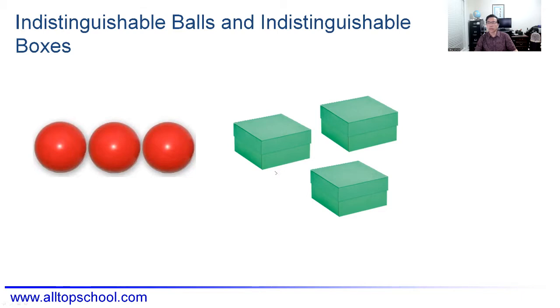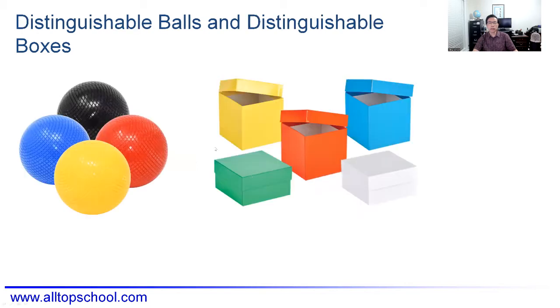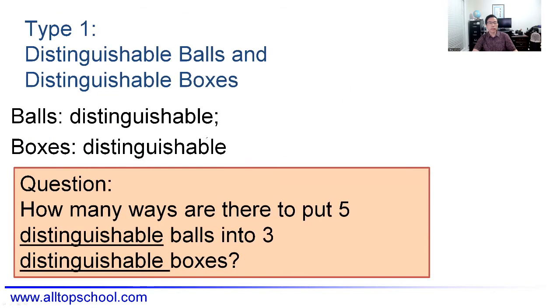So today's lesson will be focused on type 1. Both balls and boxes are distinguishable. Let's take a look at the question.